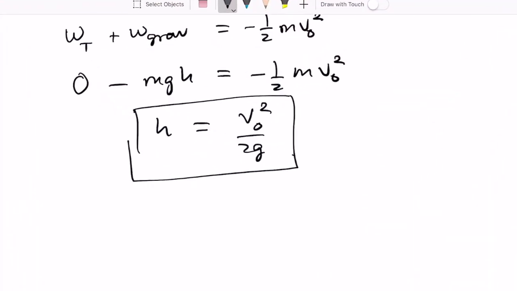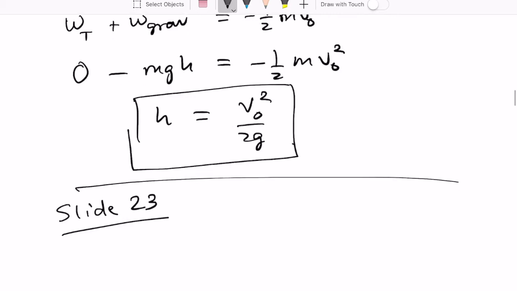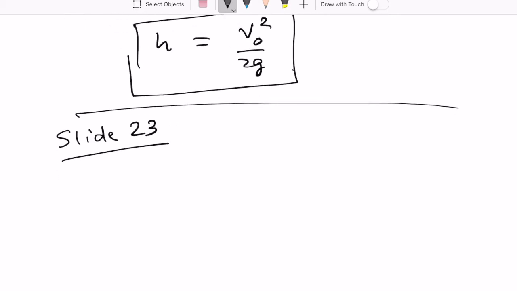So this is slide 23. So we have an object of mass m moving along the x-axis under this force. The object starts from over here, and the force is directed to the left because it's minus kx.